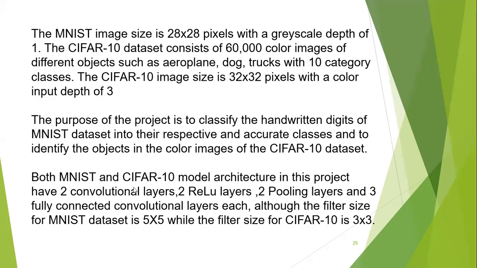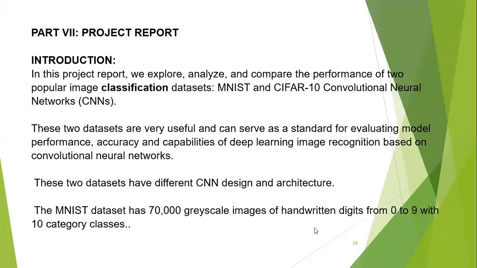Both datasets have the same model architecture for this project: 2 convolutional layers, 2 ReLU layers, and 2 pooling layers, with 3 fully connected layers each, although the filter size for the MNIST dataset is 5 by 5, while for the CIFAR it is 3 by 3.